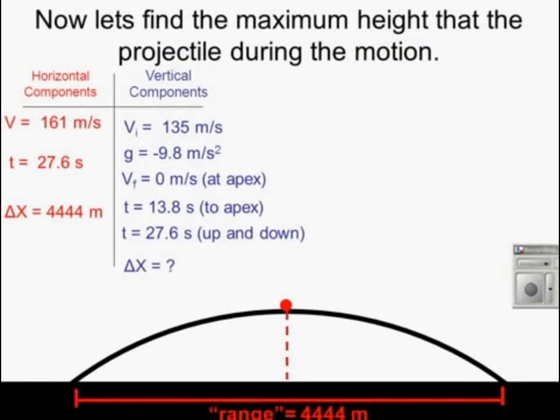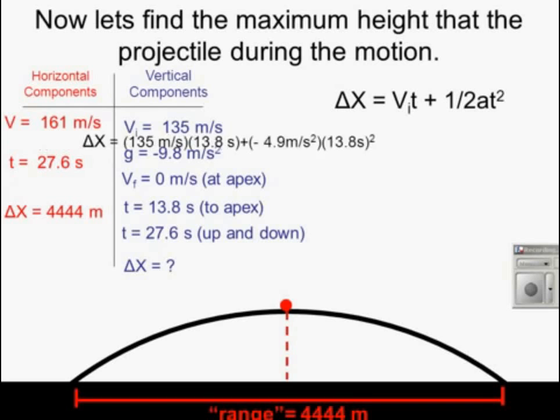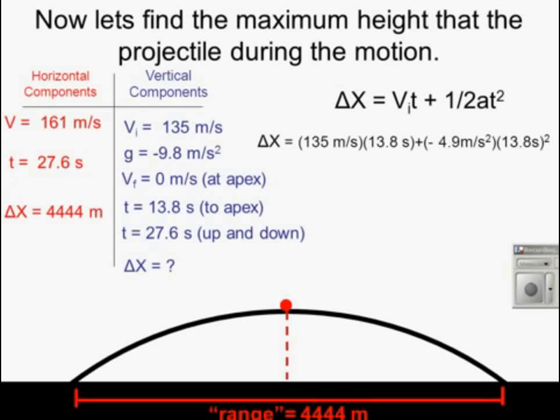Now, let's find the maximum height of the projectile. That means the distance it went from the ground to the apex. And we can use equation number 4, displacement equals VIT plus 1/2 AT squared. Displacement is 135 meters per second, that's our initial velocity upward, times time.